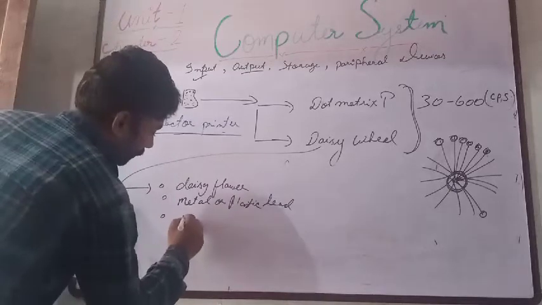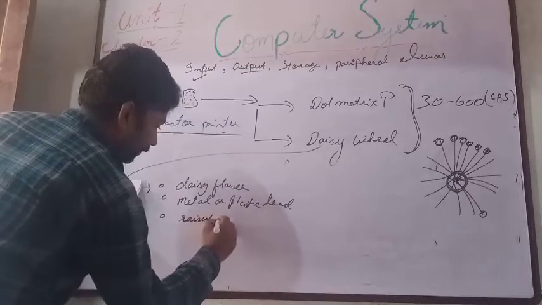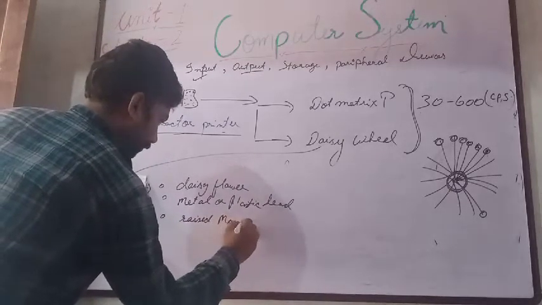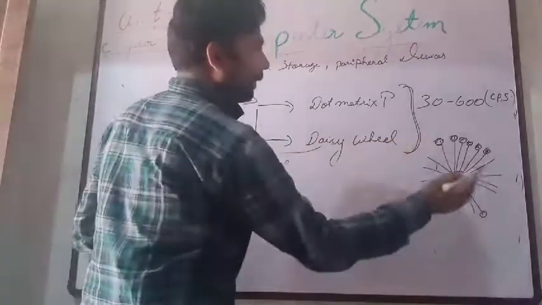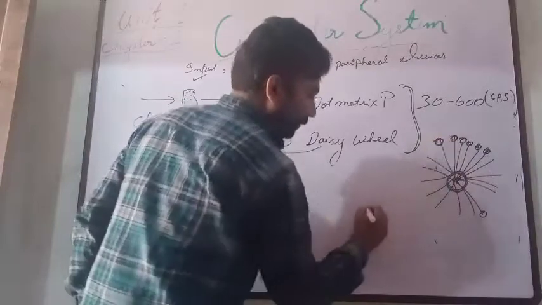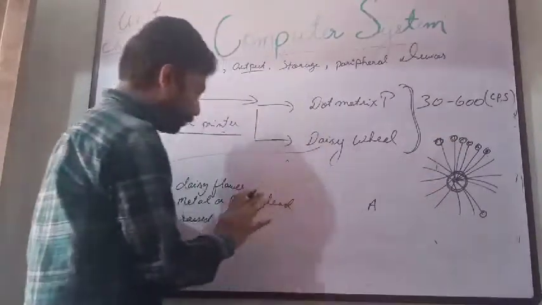Raised mount means this used to be raised on the tip of each printer arm, like A is there. A used to be raised outside.